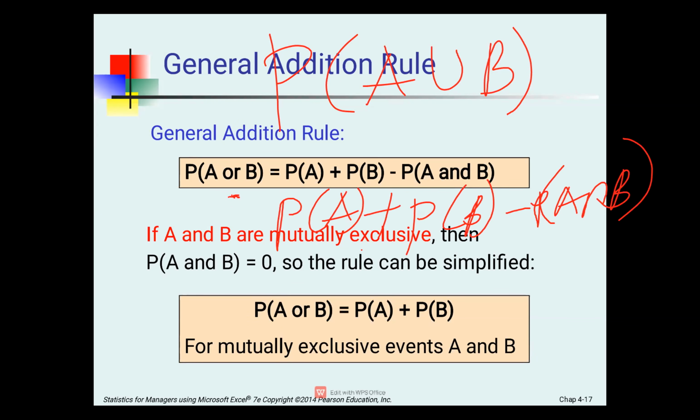The intersection is 0 for mutually exclusive events. I already said that for mutually exclusive events, they don't have an intersection. They do not happen at the same time. And therefore, since they don't have an intersection, the intersection part will be 0. So we just have the sum for mutually exclusive events. Okay, got it.